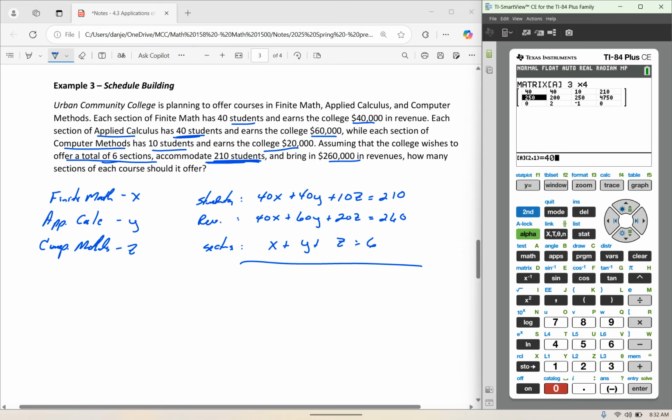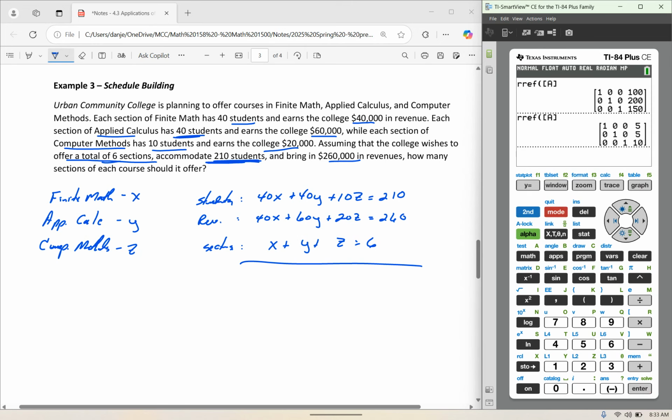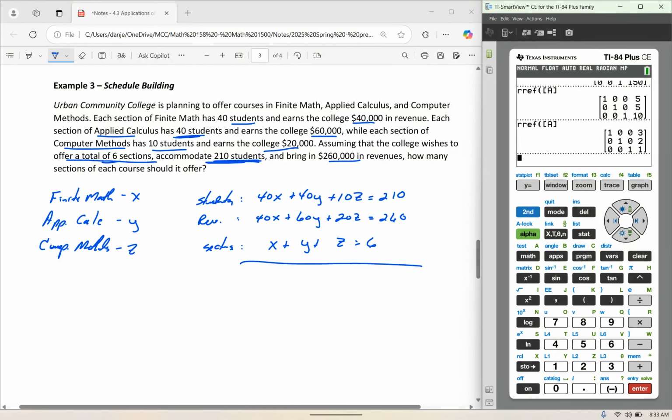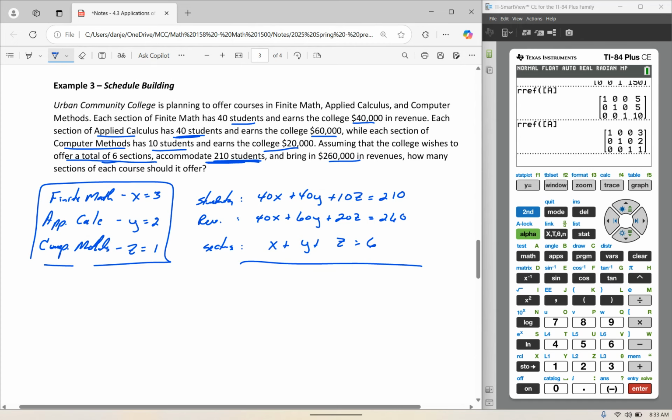We have 40x plus 60y plus 20z equals 260, and we have 1x plus 1y plus 1z equals 6. So I quit. Press enter to solve that, and we see our solution of 3 sections of finite math, 2 sections of applied calculus, and 1 section of computer methods.